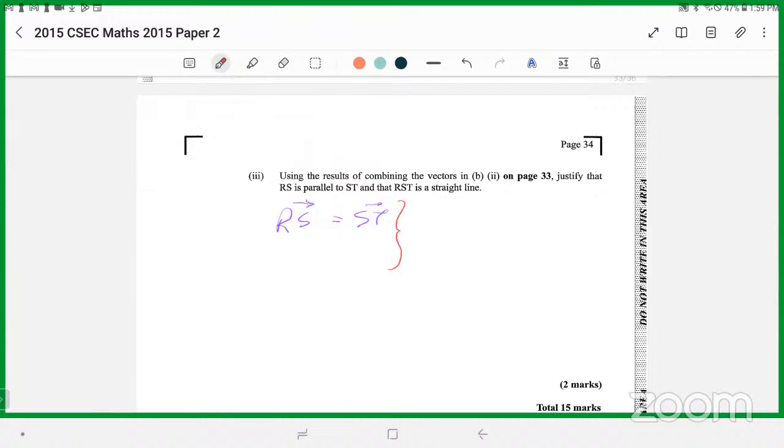Being equal means that they are parallel, and go in the same direction and have the same length. Because they are equal vectors, they have the same direction and same length, so they are also parallel vectors.